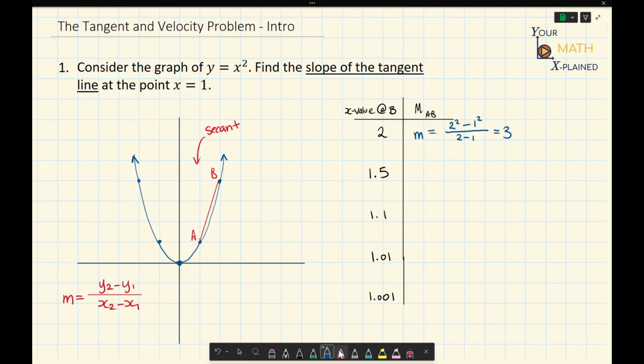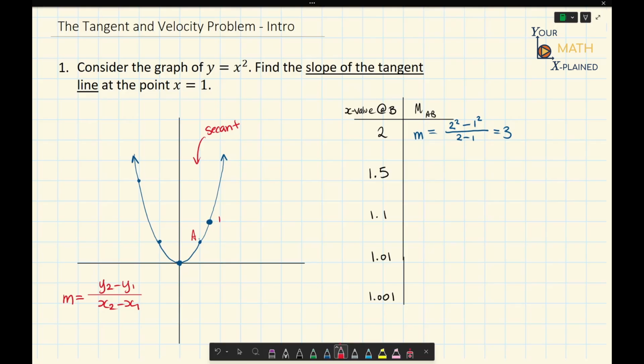So what happens when we try to move our point B closer towards our point A? Let's go ahead and erase this point here. Now we want to move our point B so that it has an x value of 1.5. So now it'll be right over here.